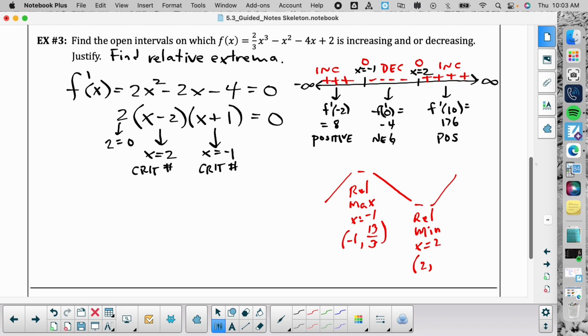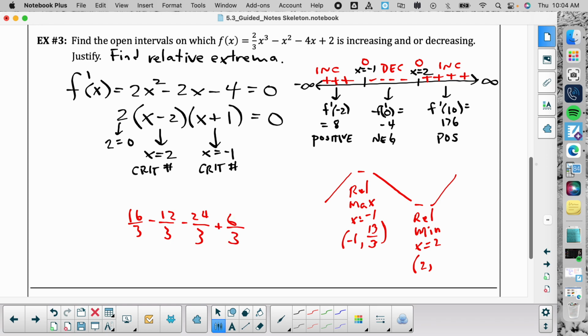Did anybody figure that one out yet? Okay, so 8 times 2/3 is going to be 16/3. Minus 4, which is going to be 12/3. Minus 8, which is going to be 24/3. Plus 2, which is 6/3.